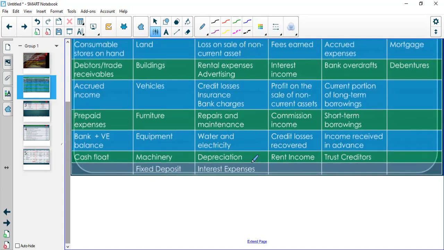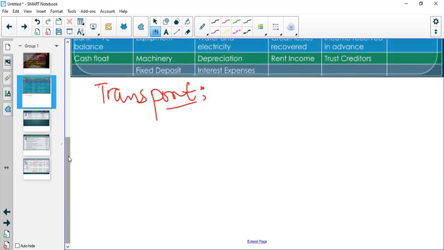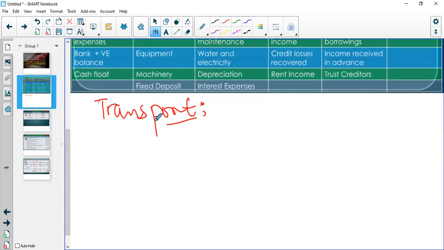So for example, let's say you have a small business that does transport. So it's a small transport business. Let's say that you transport people's goods from point A to point B. There are things that you, as the owner or manager of the business, want to track.